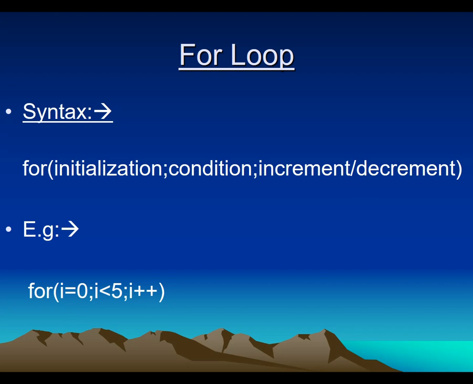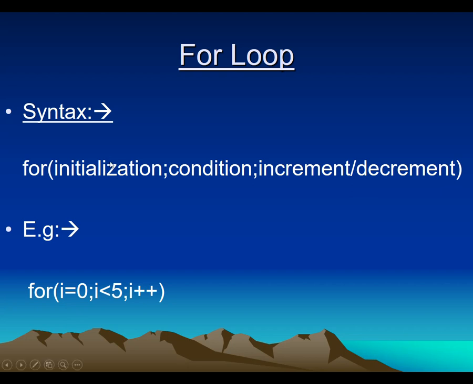Then, inside the brackets, first we have to give initialization, then there should be one semicolon, then there is a conditional part, then another semicolon, and then we have to give increment or decrement as the third part, and at last we don't have to write a semicolon. So just remember the syntax of the for loop.